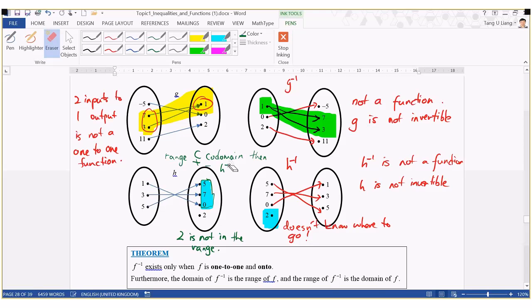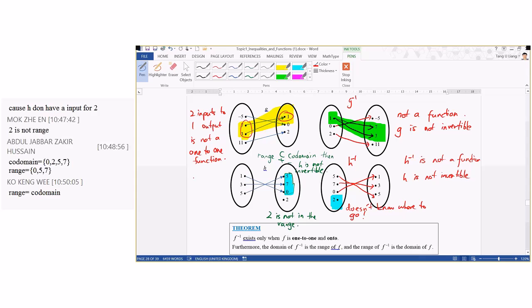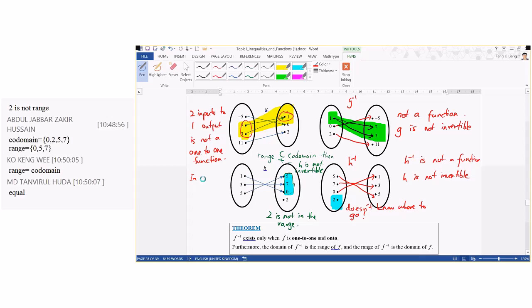So in order for H to be invertible, what must happen? Yeah, that's right. In order for H to have an inverse as a function, we must have that the range is equal to the codomain. This is a very important property. Let me put a box around it.